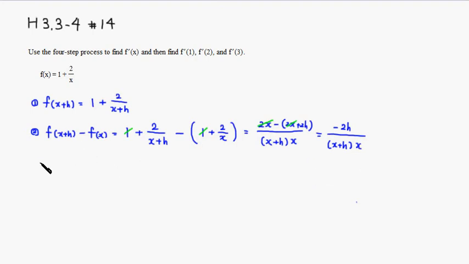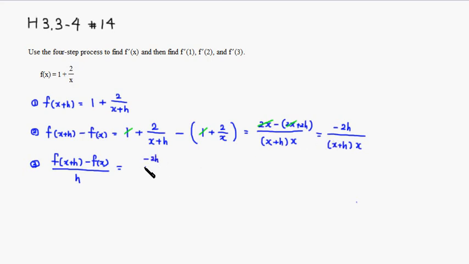And number 3, the third step, we're going to find the difference quotient, f of x plus h minus f of x, all over h. But the numerator is just the result of step 2.